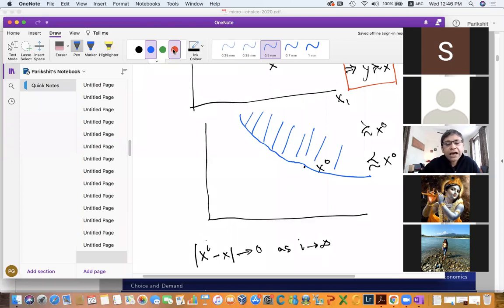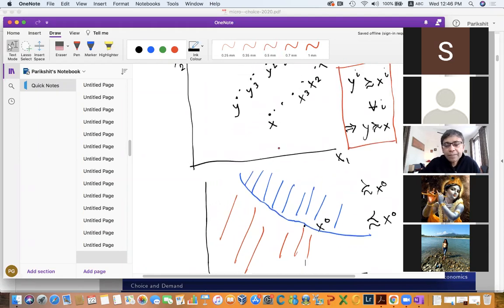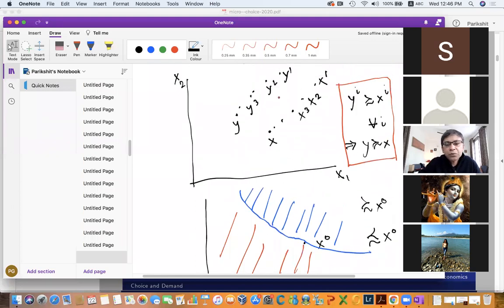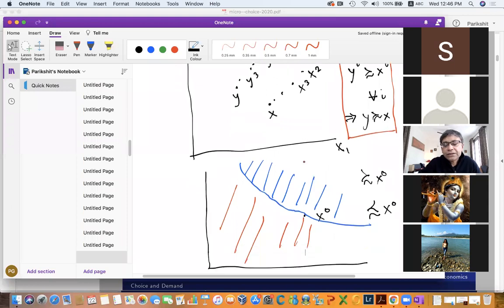The weakly worse set is the stuff below, with the property that the indifference curve belongs to both of these sets if preferences are continuous. I won't prove it, but these two definitions are equivalent.